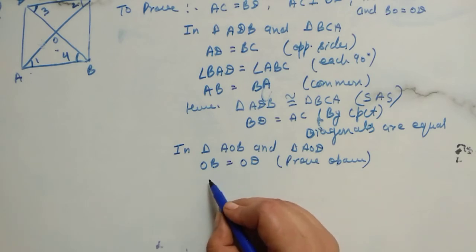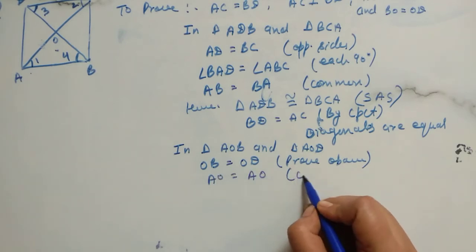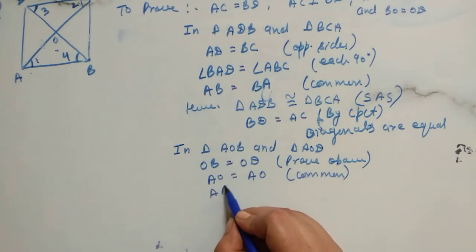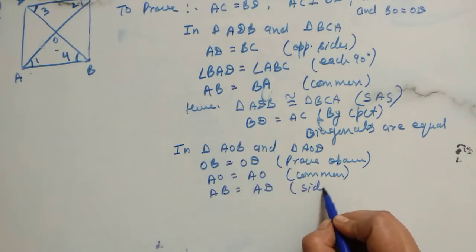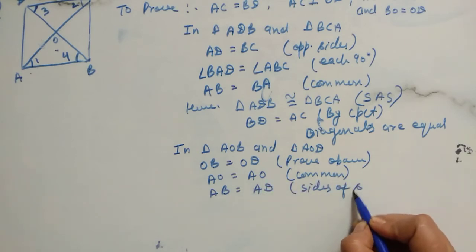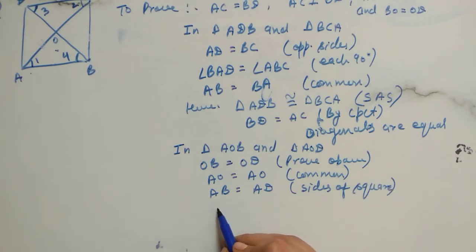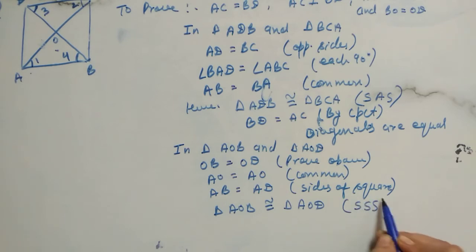Second, AO is equal to AO, it is common in both. And third, AB is equal to AD, sides of a square. We know all sides of a square are equal. So triangle AOB is congruent to triangle AOD, and the reason is SSS.